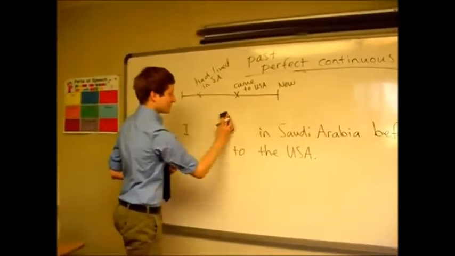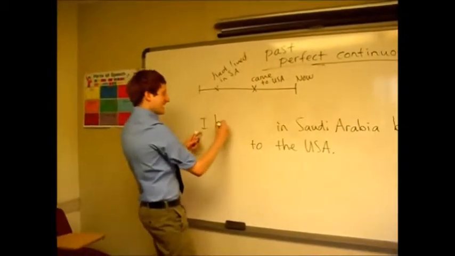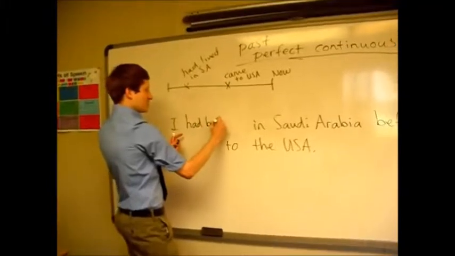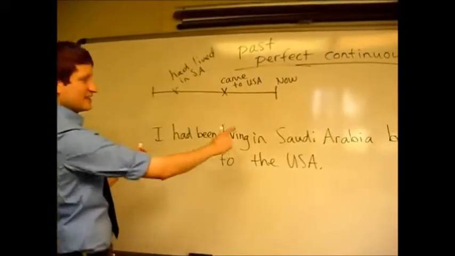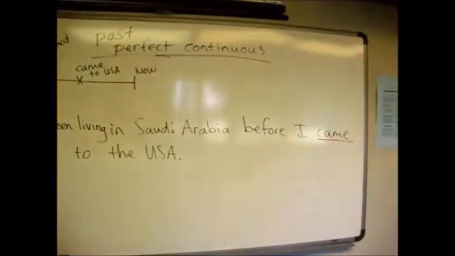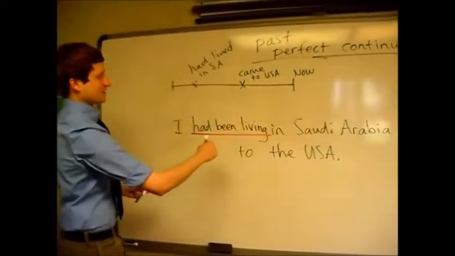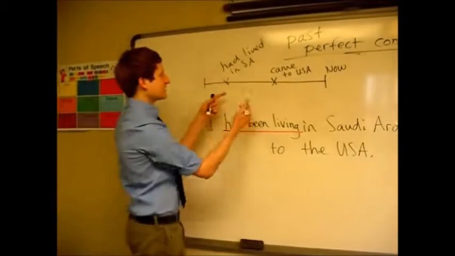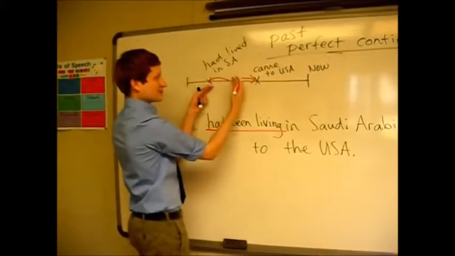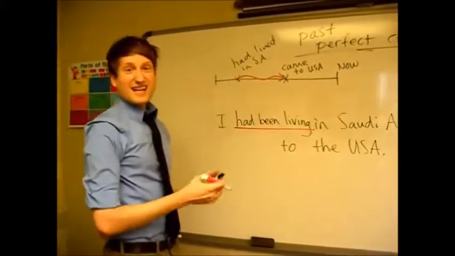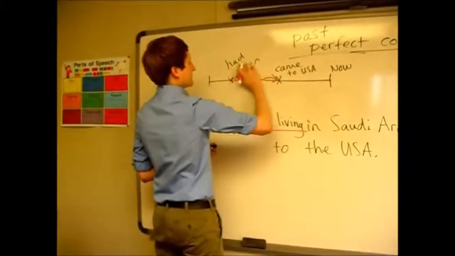It's very similar to the past perfect. We can say, I had been living in Saudi Arabia before I came to the USA. If you say this, had been living, you just show that the first event continues. It goes and goes and goes.